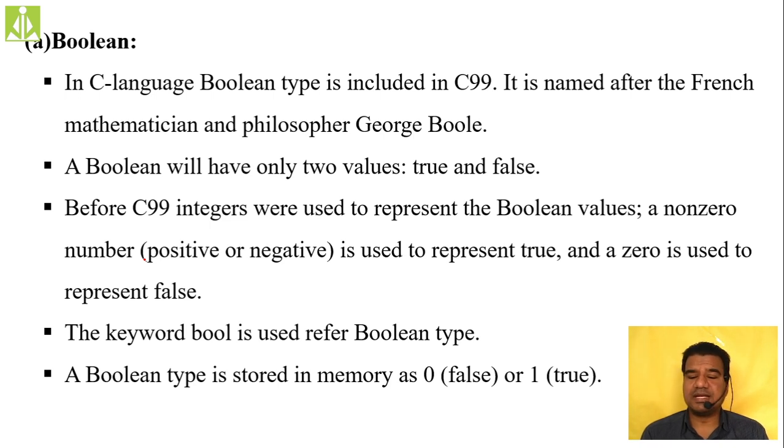A positive or a negative number, that is any non-zero number, would indicate a true state, and a zero indicates a false state.